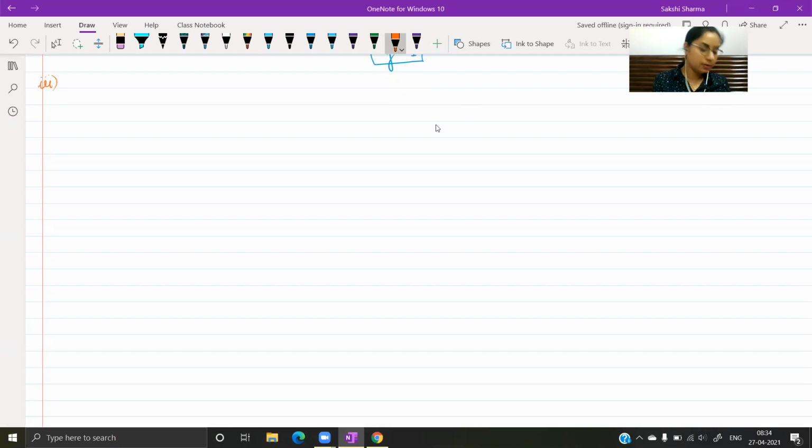Third part, you have 3x minus 5y minus 4 equals to 0. And the other one is 9x equals to 2y plus 7. Let's arrange the equations in standard form.